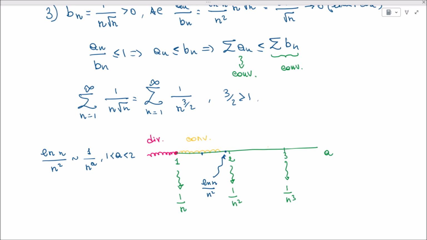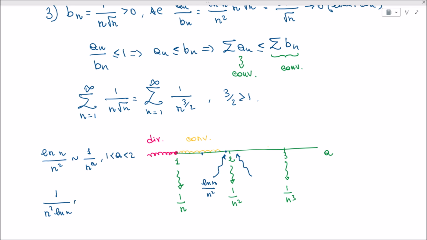Now, suppose that instead of having this logarithm of n divided by n squared, we had 1 over n squared, we had logarithm of n at the denominator. Well, in this case, we would be to the right of 2, okay?